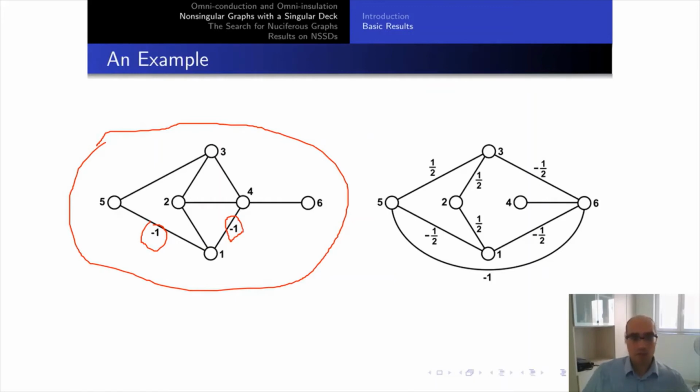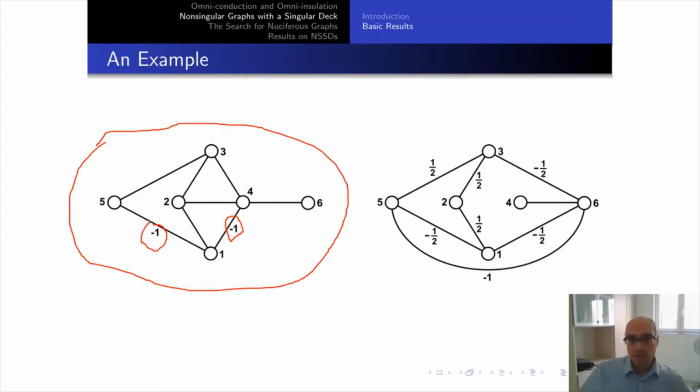If we don't have any number corresponding to an edge, then that edge has weight 1. The graph on the right, on the other hand, is its inverse, which, as you're seeing, has no loops. And that is the defining thing about NSSDs. If you find the inverse of an NSSD, it won't have any loops.